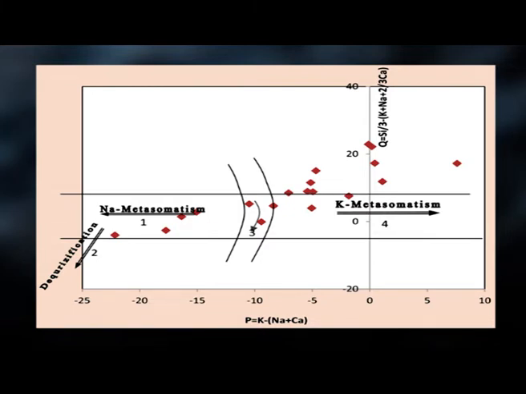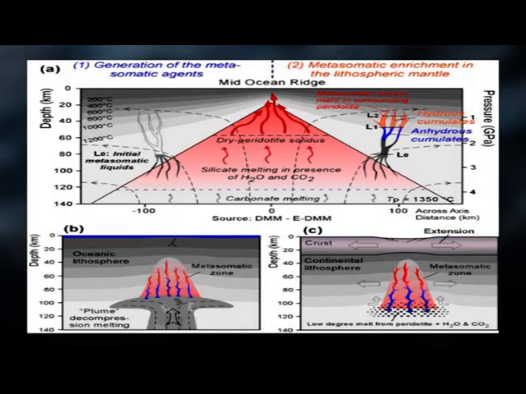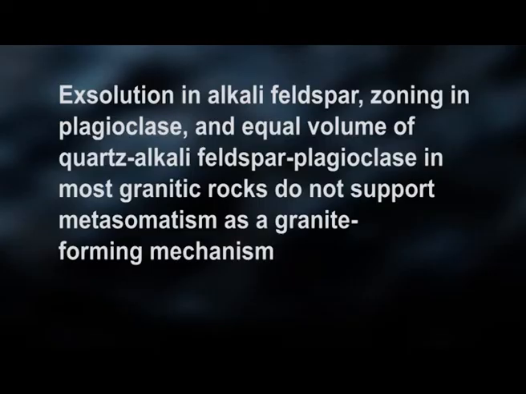This granitization process or metasomatism does not find support from thermodynamics and physicochemical data. Features such as exsolution in alkali feldspar, zoning in plagioclase, and equal volume of quartz, alkali feldspar and plagioclase in most granitic rocks do not support metasomatism as a granite forming mechanism.